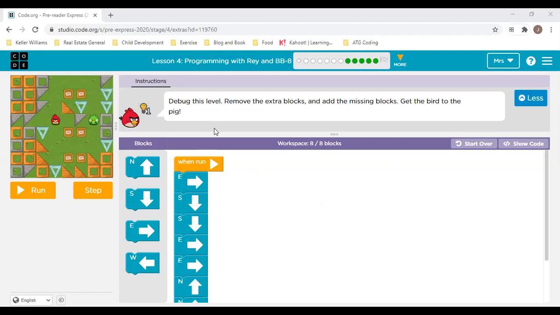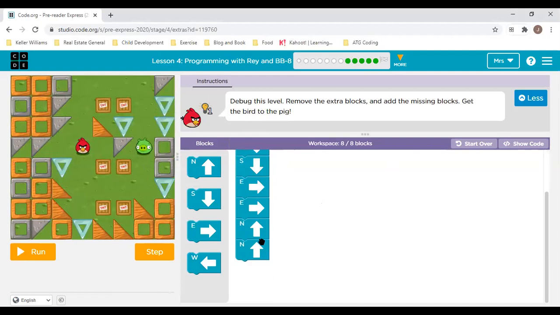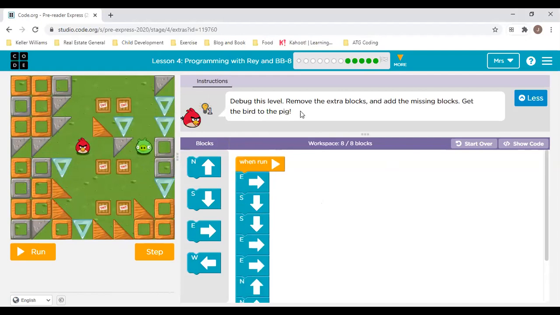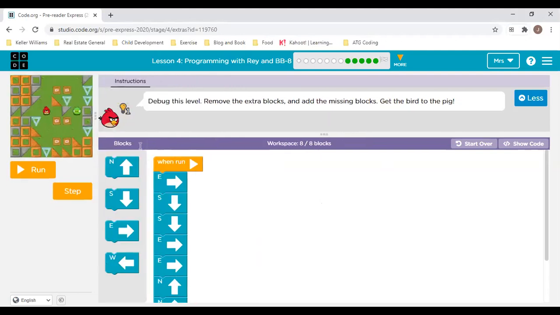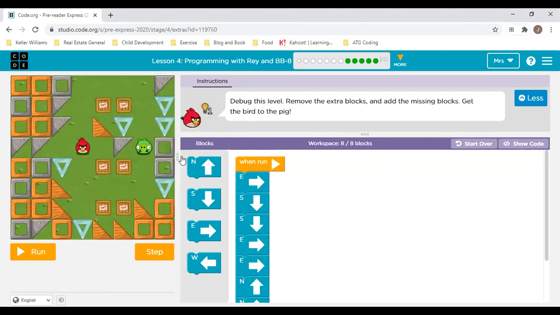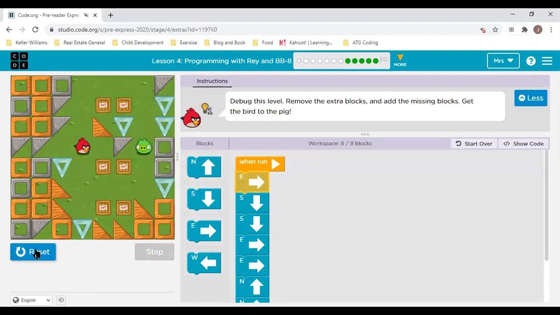So here it says we need to debug this level. They've already given us code, but we have to remove extra blocks and add missing blocks. We need to get the bird to the pig. Okay, if we run this code that they give us, let's see what happens. Oh, the bird is going into the TNT.